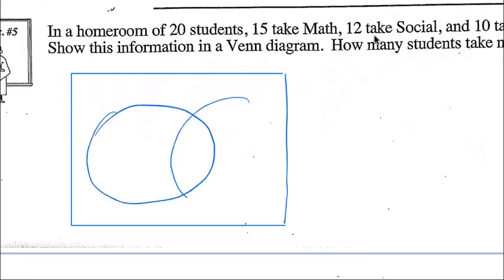There's that. There's that. I'm going to put a U here for our universal set. I'm going to call this one math. Oops, maybe I should put it inside. Call this one social studies.